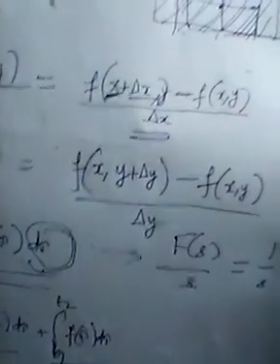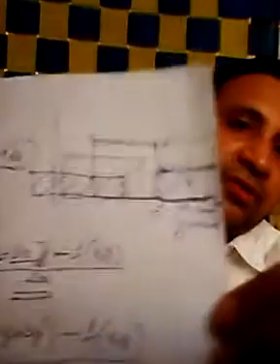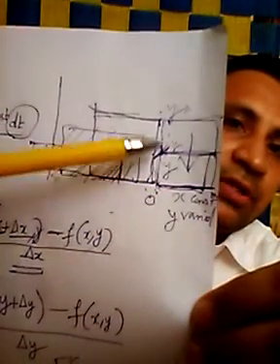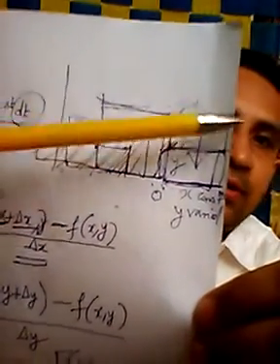So we have seen that this particular variant here is y, and with respect to the y variation, what happens to this function? When we analyze this particular function, f of x comma y plus del y minus f of x y, we are going to eliminate one set of rectangle.